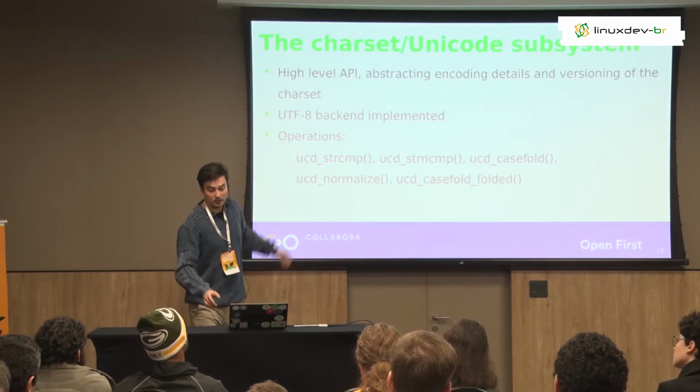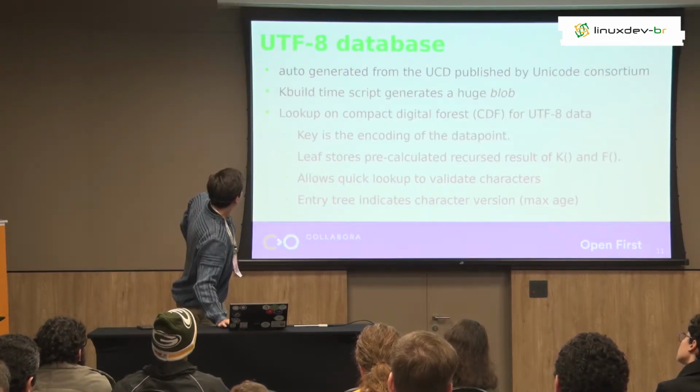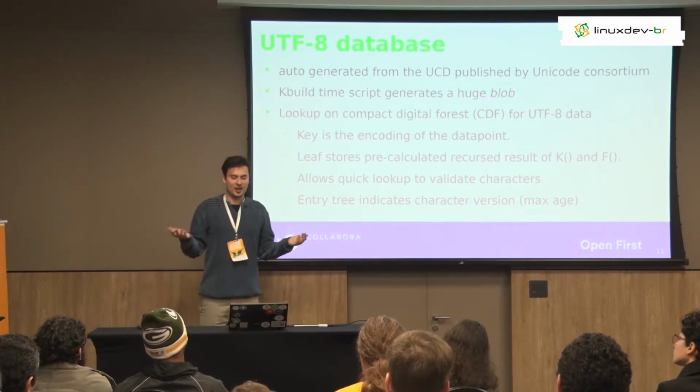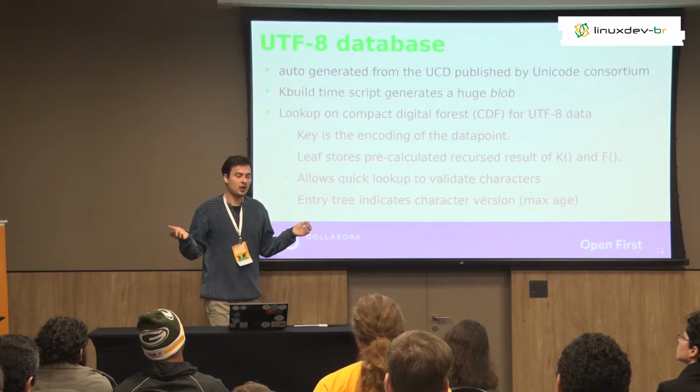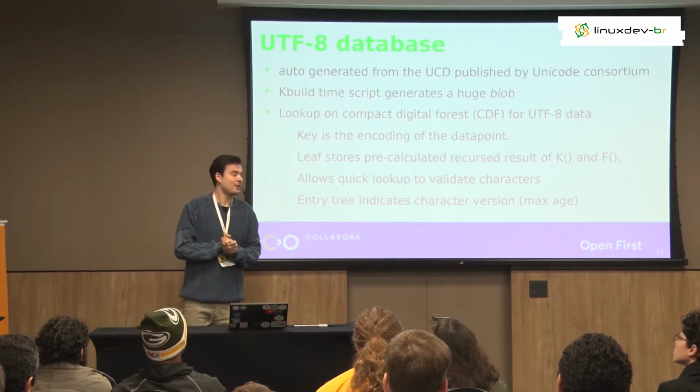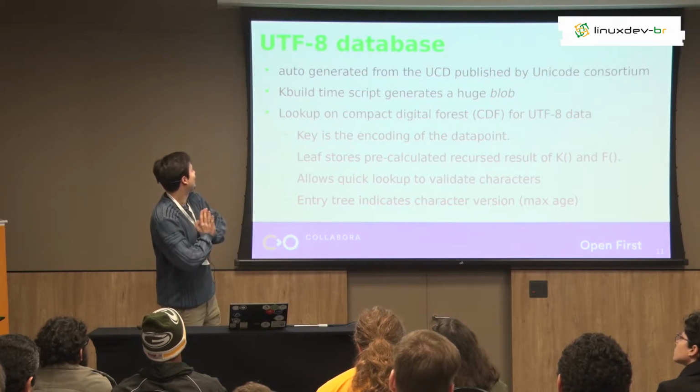We only implemented UTF-8, so now, if you want to have case-fold, you just change your str compare to UCD underscore str compare, right? No, it doesn't work like that.